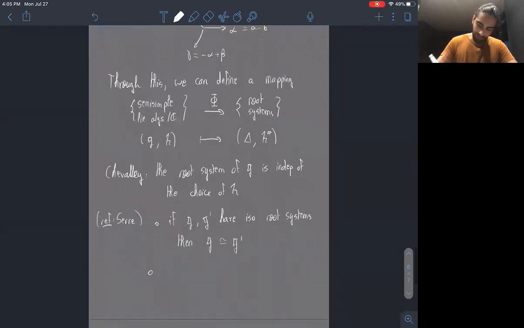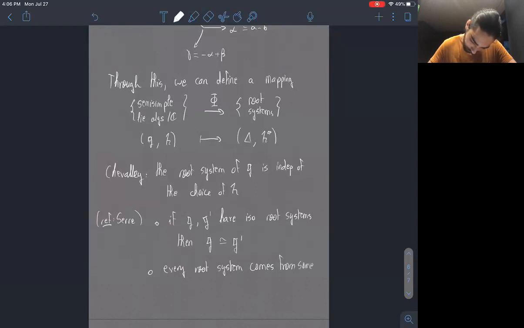And then we have an essential surjectivity result that says every root system comes from some semi-simple Lie algebra. So we've moved the classification problem from the realm of semi-simple Lie algebras to the realm of root systems.